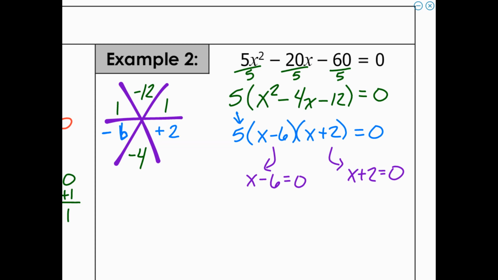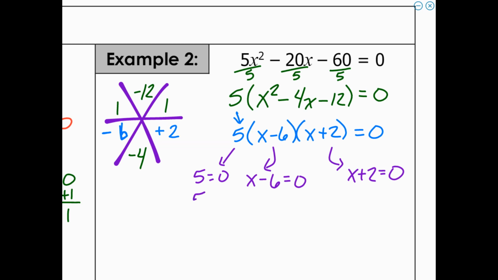If I take it, since it's a factor, and separate it and do 5 equals 0, does that make sense? Will 5 ever equal 0? No. If there's no variable that you factored out, then it's not going to matter. There's nothing there to substitute in with your 5 to make it equal 0.